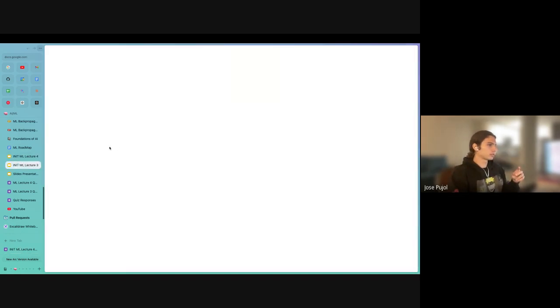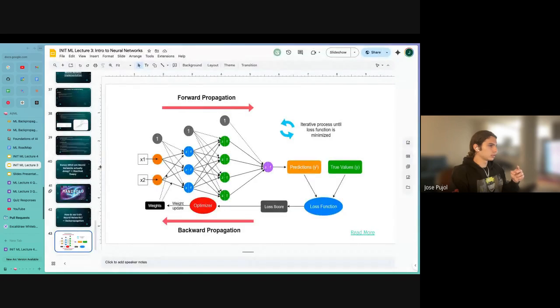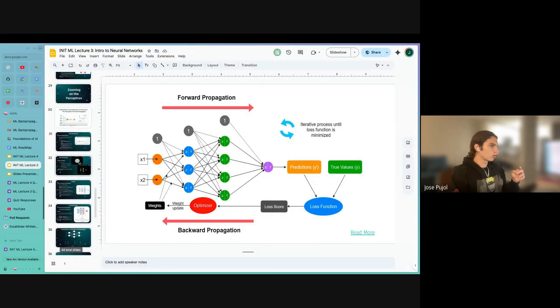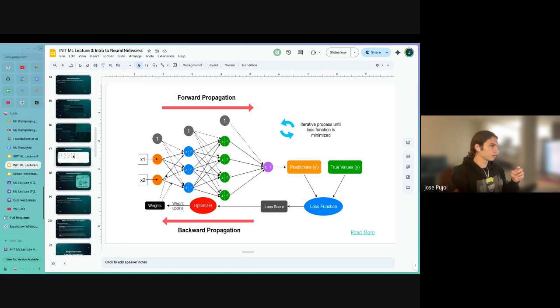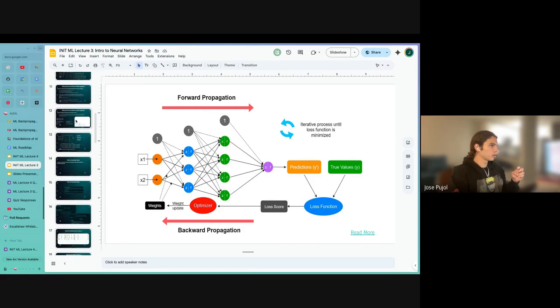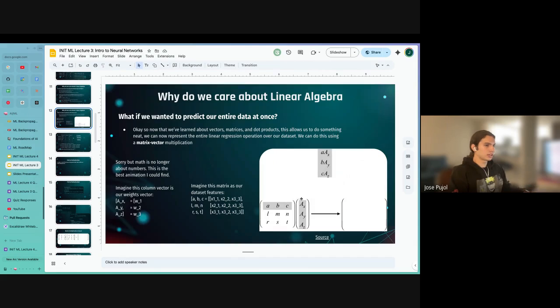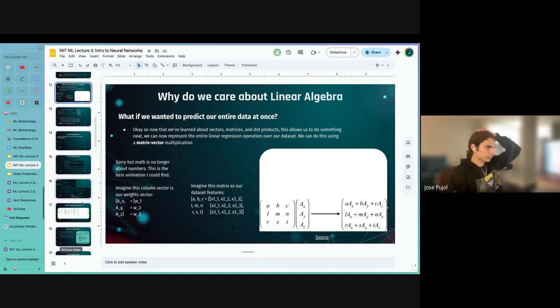If I jump back to the earlier slides, recall this one: if this is my vector and this is my data set, then the operation I'm performing here is a matrix multiplication.